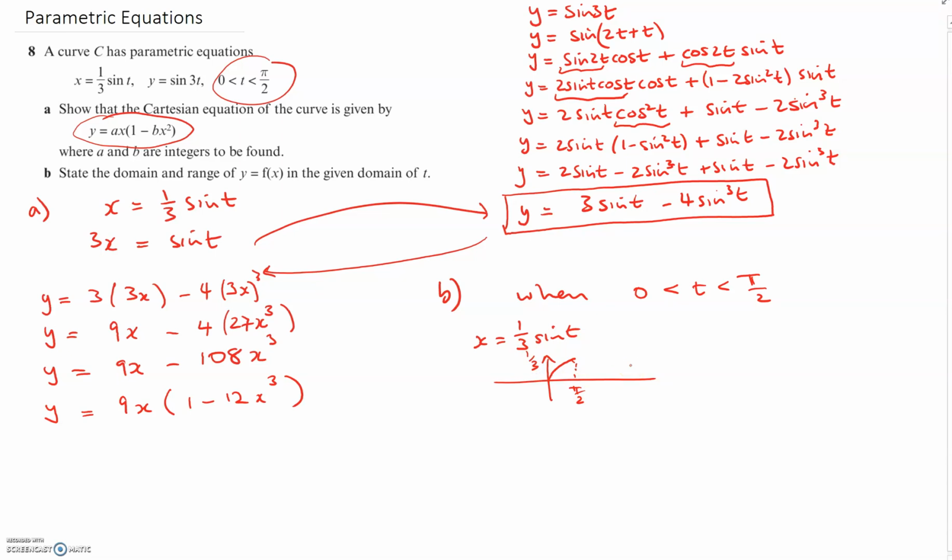So not including values 0 and pi over 2, x then becomes between 0 and a third. So that's your domain for y equals f of x. For the range, we'll need to consider y equals sine 3t.